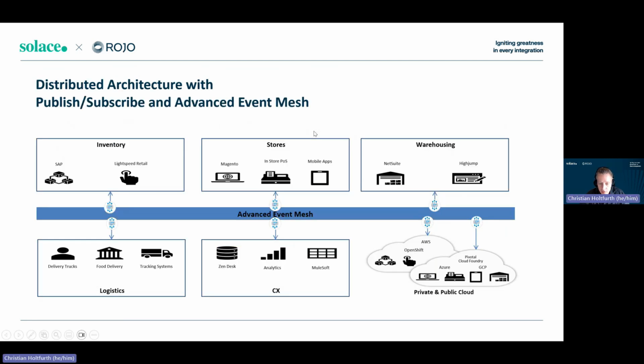So we're moving towards a distributed architecture that needs something in between that makes that communication easier. And event-driven architecture based on the publish-subscribe pattern is the technology that helps with this. Because when you deploy an advanced event mesh, we can deploy brokers into different locations. We can connect these brokers with each other, and we can just event-enable backend systems to send events into those brokers, and they don't need to know where those events need to go. They can just publish it into the broker that is local to them.